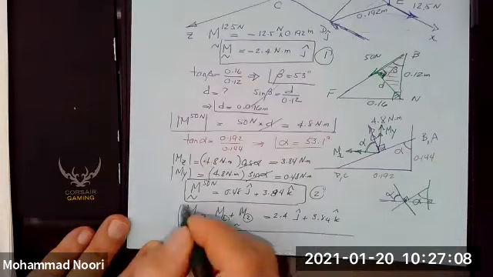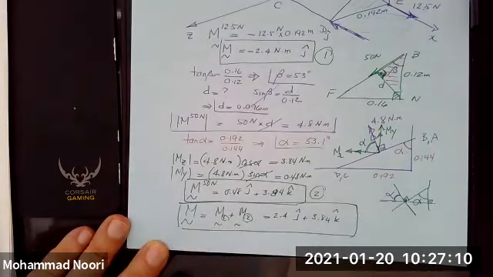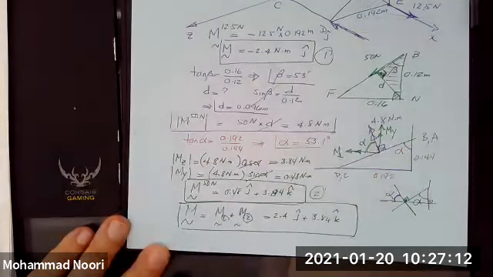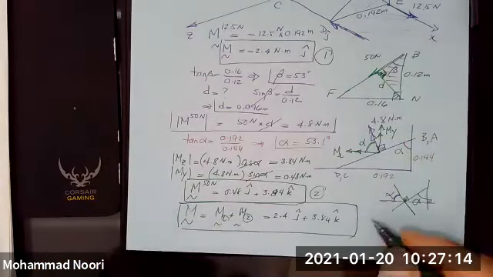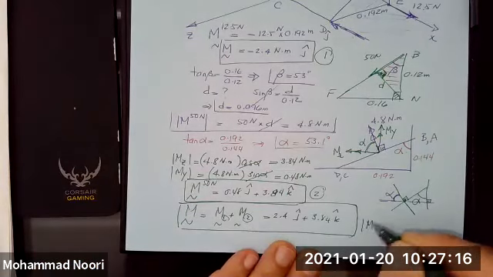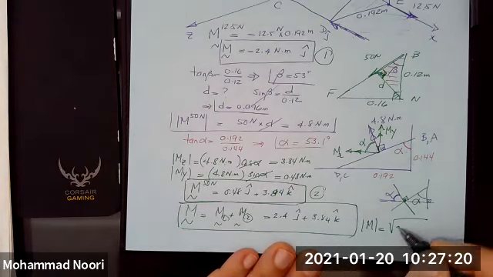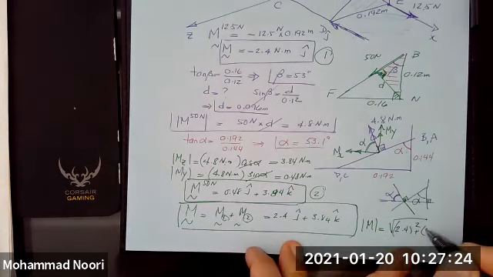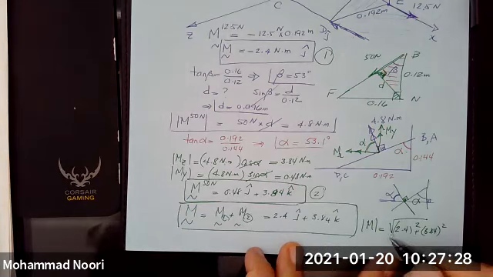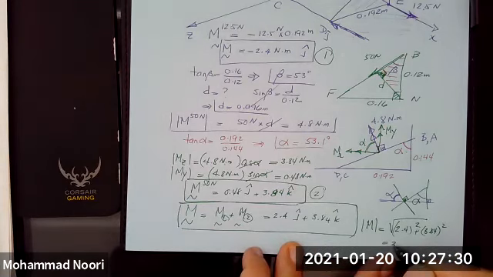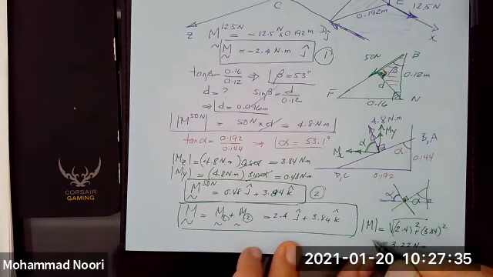So this is the answer. But the problem is asking you to find the magnitude of this, which is easy. The magnitude of this total moment would be the square root of 2.4 squared plus 3.84 squared, and that would be 3.22 Newton meter.